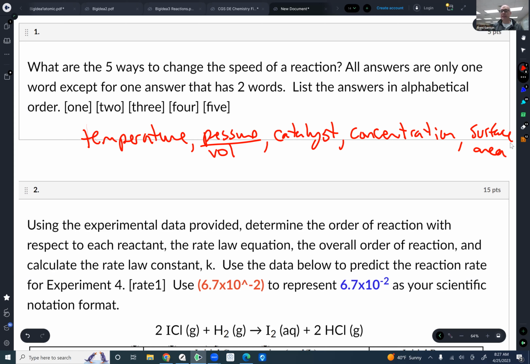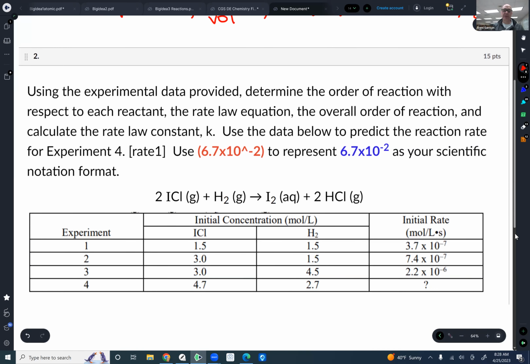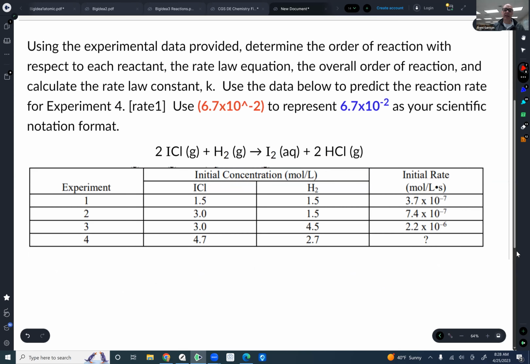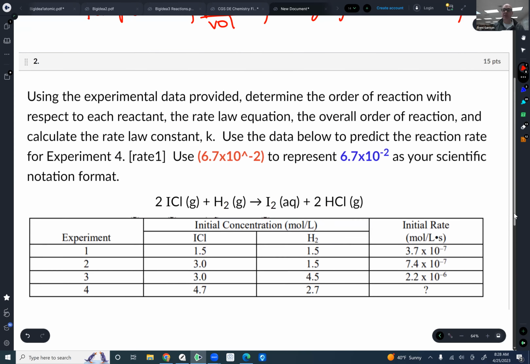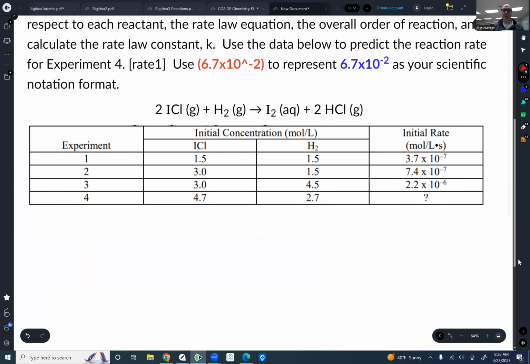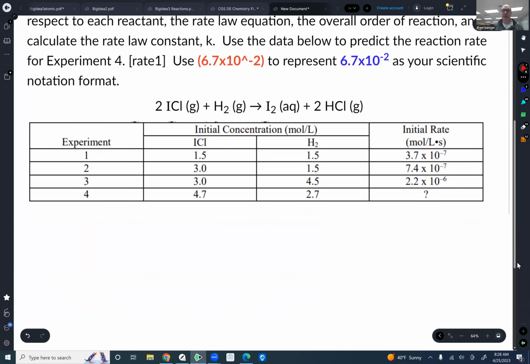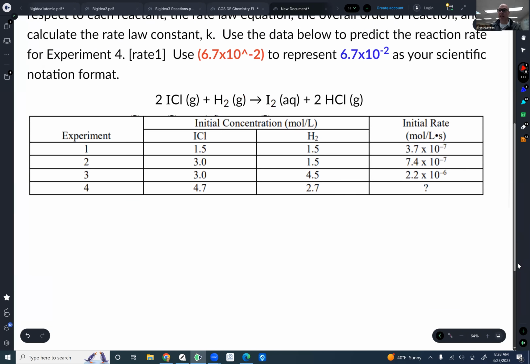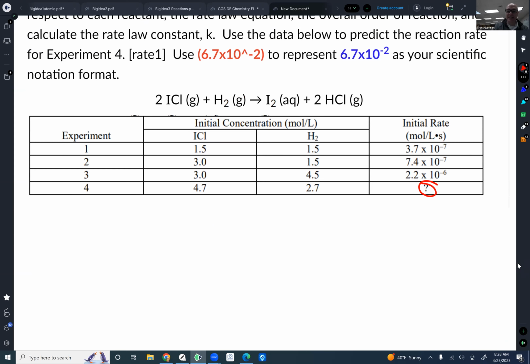Okay, so moving down to the bottom one where we actually analyze the math associated with it. In this one, we are trying to figure out what is the rate law, generic, and then the actual rate down here at this question mark. All we've got is this data in this table.